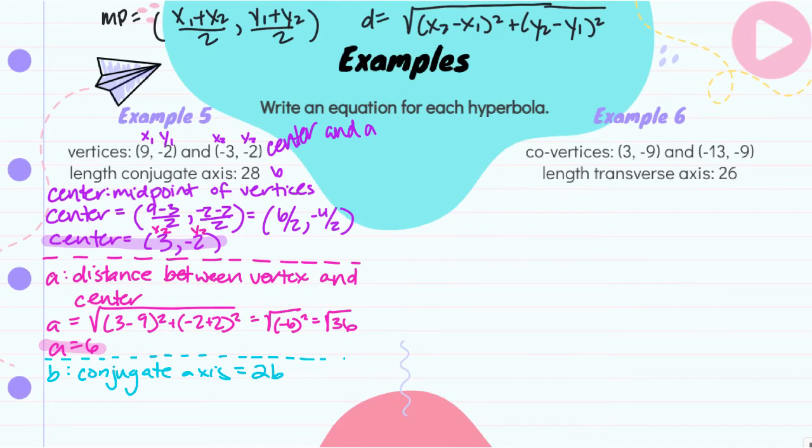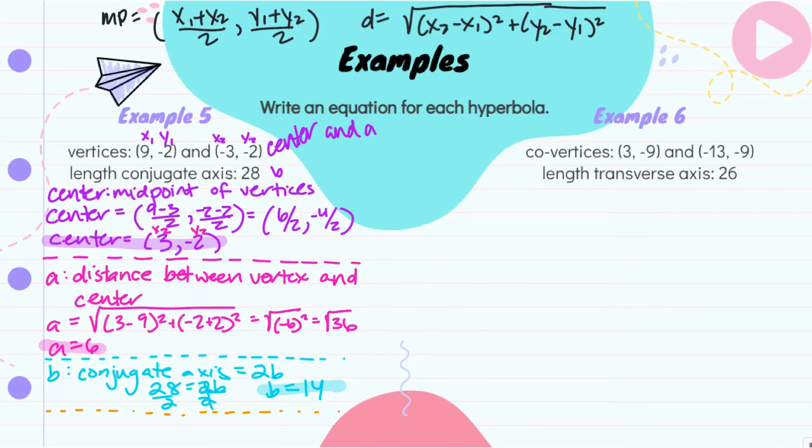So if the conjugate axis is 28, and that equals 2B, we can just divide both sides by 2 and see that B equals 14. Now the last thing to do is to determine if our hyperbola is horizontal or vertical. And in order to do that, we need to sketch out the vertices and the center.